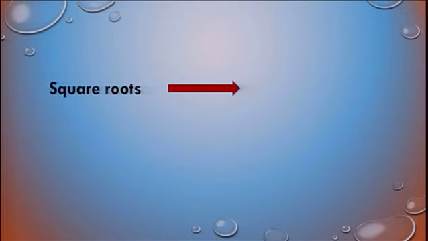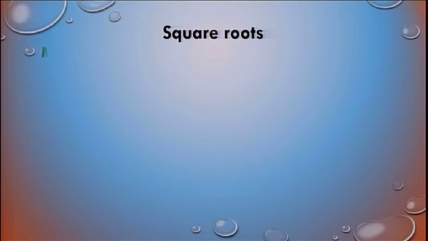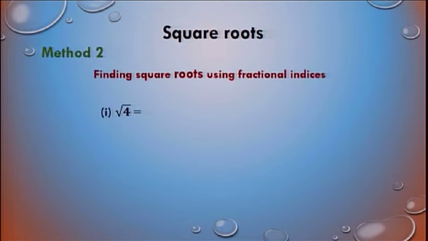Now we're going to relate square roots with indices. Square root of a is the same as a to the power of half, where a represents the number for which we are going to find the square root. So whenever we need to find square root of a number, we can write the number to the power of half. For example, square root of 4 is equal to 4 power half.